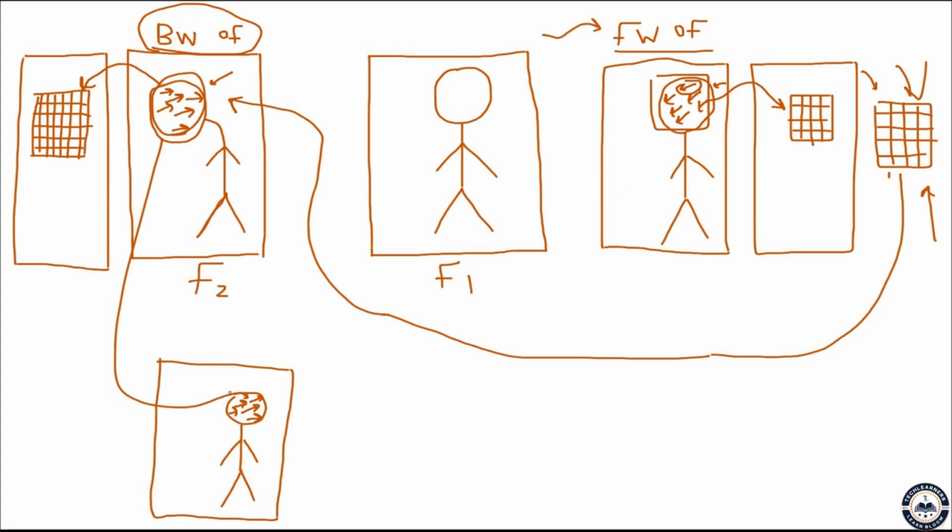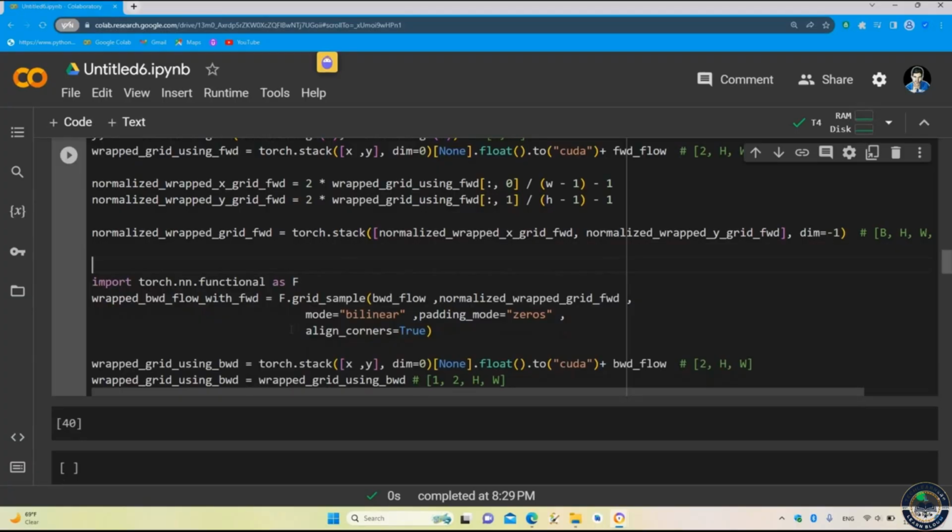And finally, our vectors from our backward optical flow are available in the same region as the vectors of our forward optical flow, so we can add them together. Because the direction of these vectors of forward optical flow and backward optical flow are opposite, in other words, we are trying to subtract them to find the difference between backward optical flow and forward optical flow.